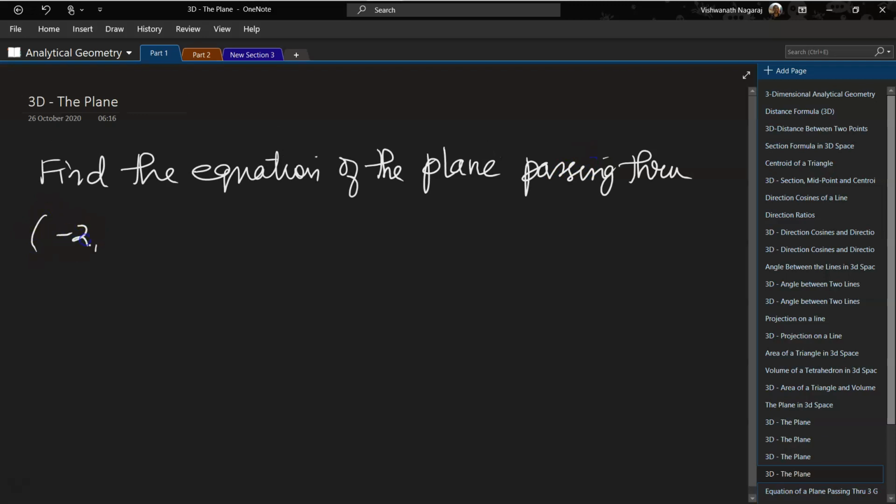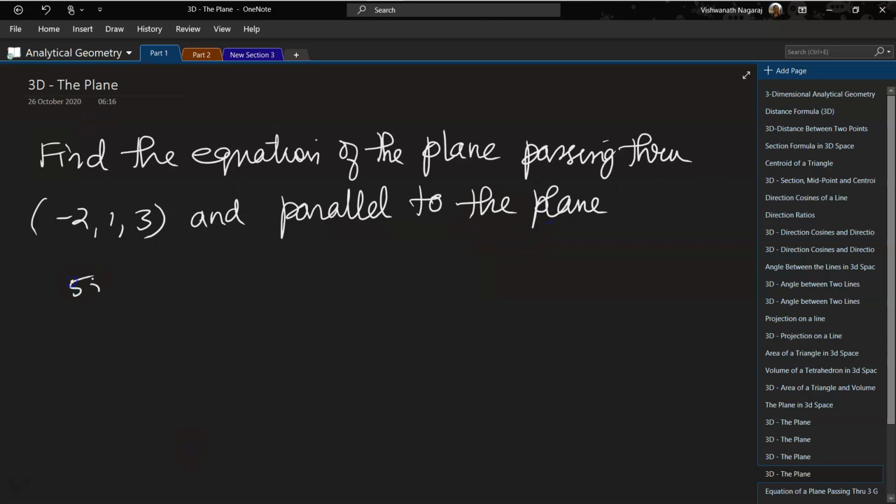That point is (-2, 1, 3) and parallel to the plane given by 5x minus 3y plus 7z is equal to 0. So read this. Find the equation of the plane passing through (-2, 1, 3) and parallel.